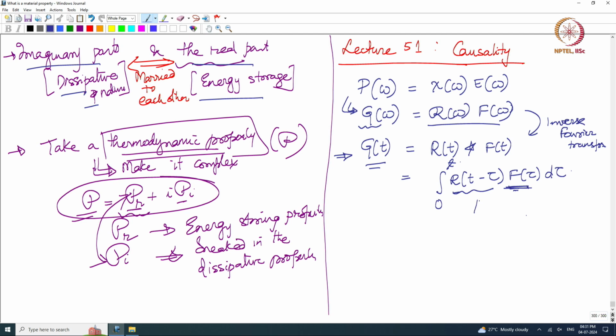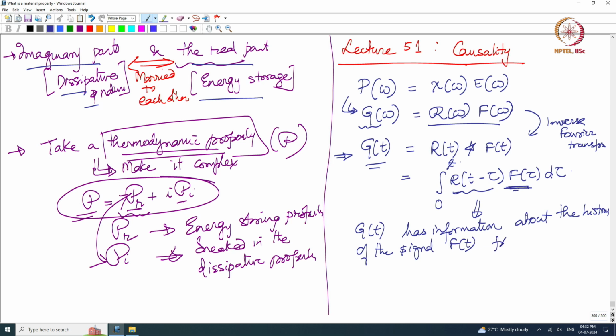So g of t has information about the history of the signal f of t, from 0 to t. That is point number 1.